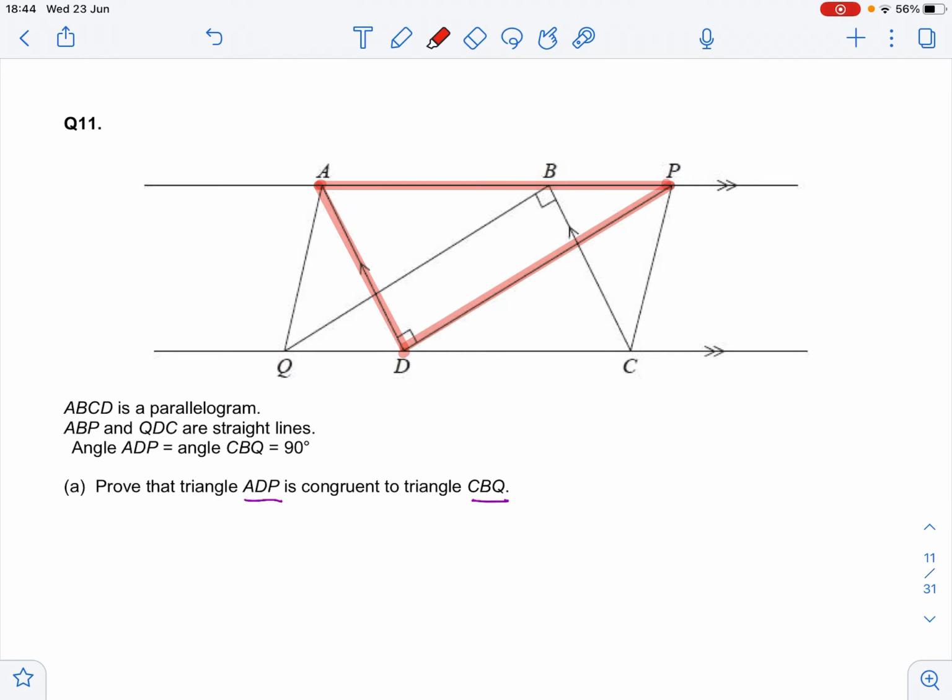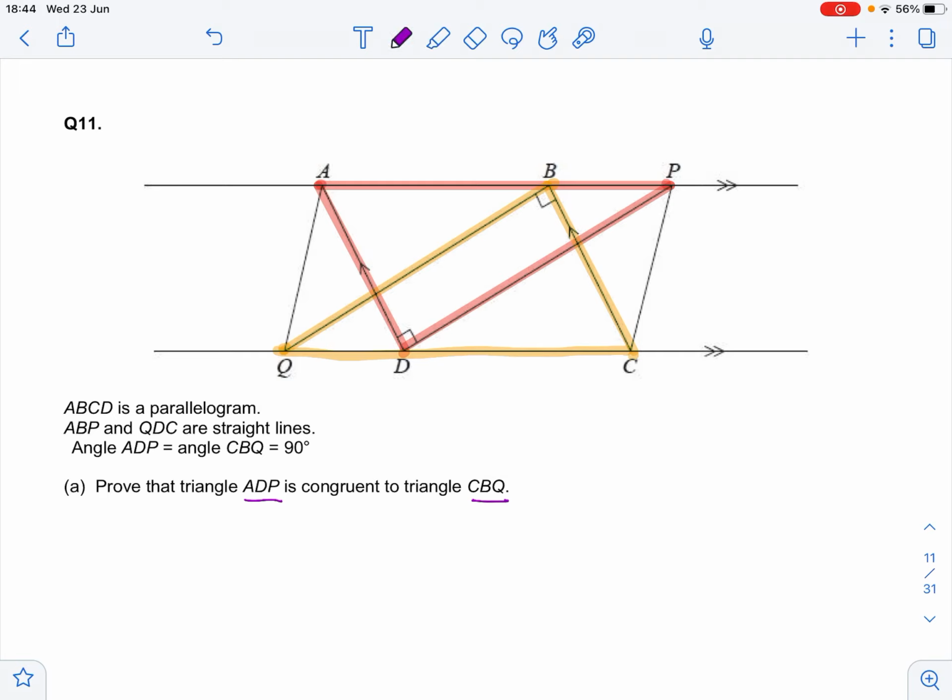And our triangle CBQ, so CBQ is this triangle here. We're asked to prove those two triangles are congruent.